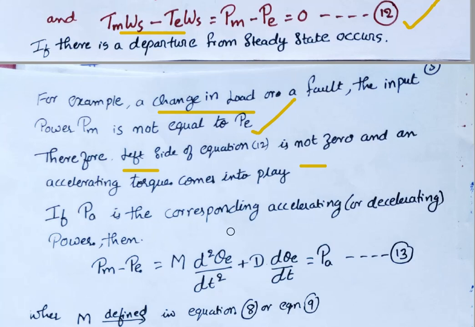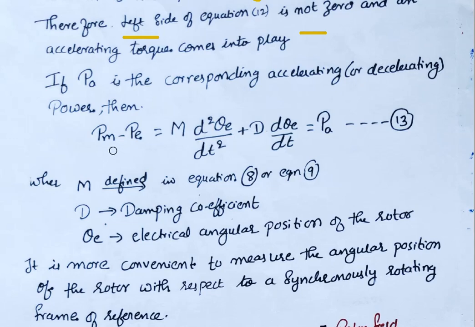If Pa is the corresponding accelerating or decelerating power, then so this has been given as Pa. So Pm minus Pe is the accelerating power. So he has given that Pm minus Pe equals M into d square theta e by dt square plus d theta e by dt, which equals my Pa, the accelerating power.